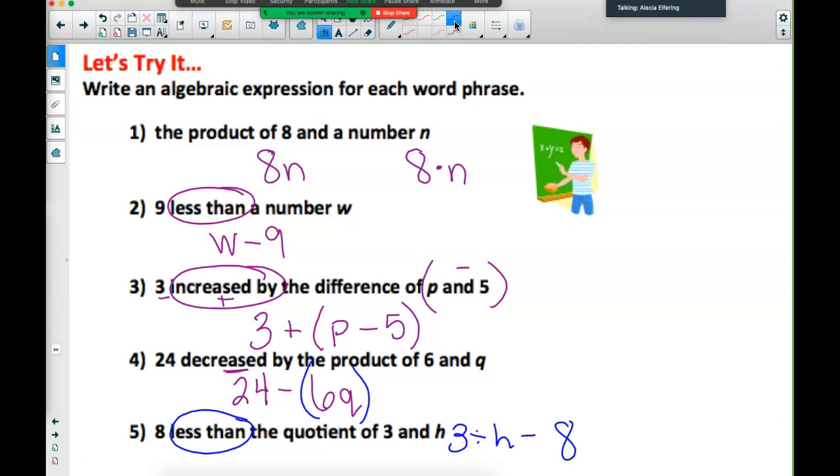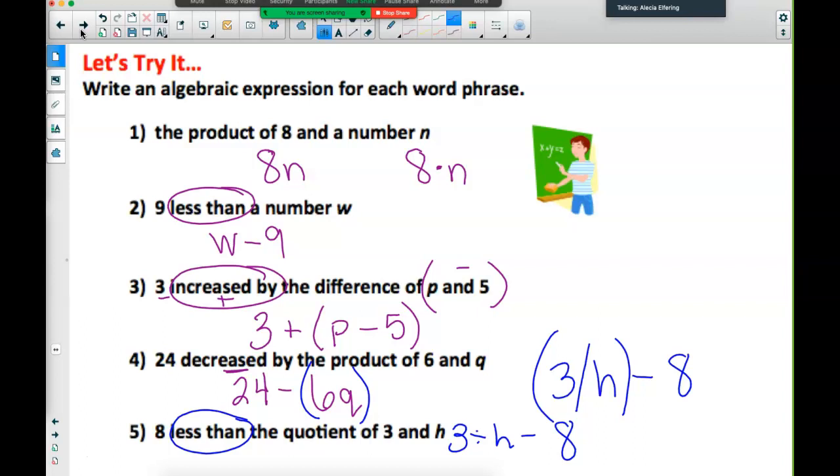You're not going to have the choice of this symbol. Your keyboard doesn't have that symbol on it. What would you use instead? Lizzie? Slash. Yeah, so you would just do 3/h minus 8. You could put parentheses around that. That's okay. They don't have to be there because you would do the division first anyway, but they could be. Questions there?